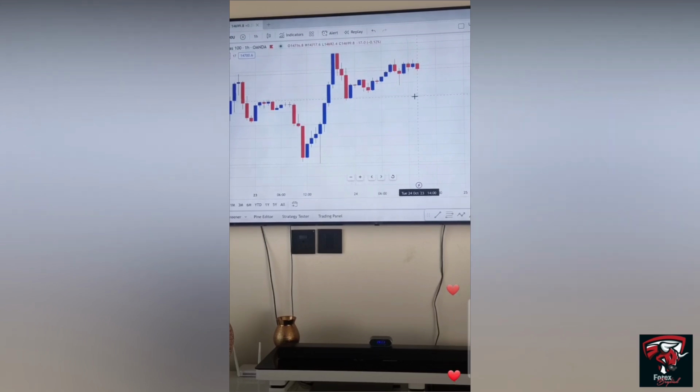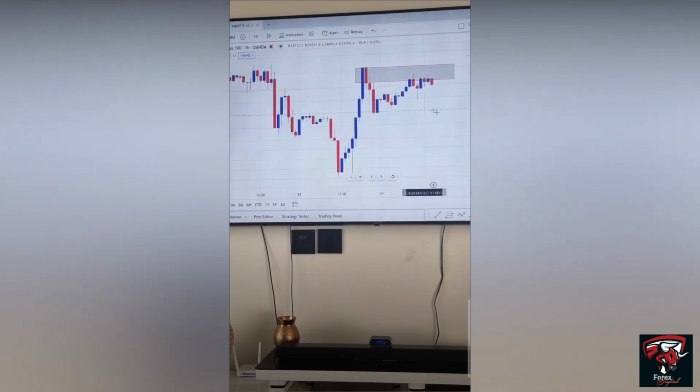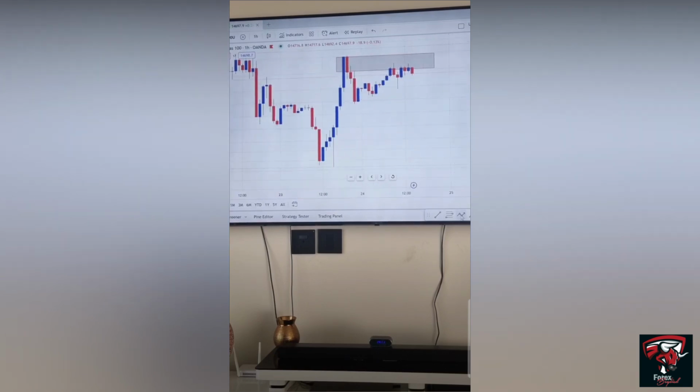Highs and lows are protected. They've come to their point until they've come into their supply zone. So let's say our supply zone is here, right? We are obviously now looking for distribution.